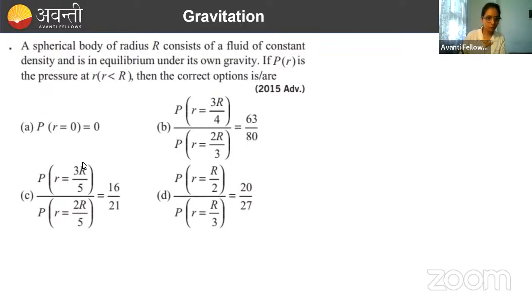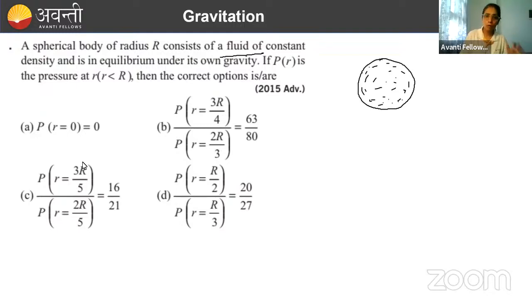Okay, so the second line is, if PR is the pressure at R less than R. Actually the question is something like, suppose you have a hollow sphere. Done. So if it is a hollow sphere, what is inside? Air. Done. Now what is happening? Air is getting replaced by a fluid. So suppose inside this hollow sphere I am pouring water, so it has water.